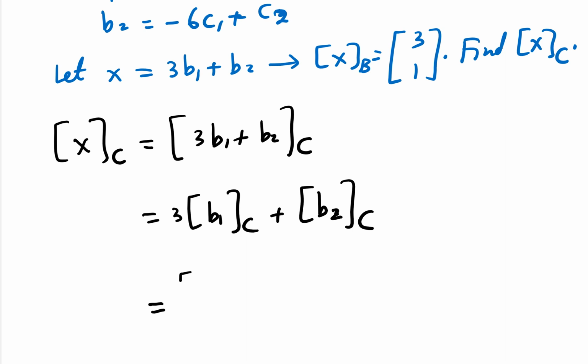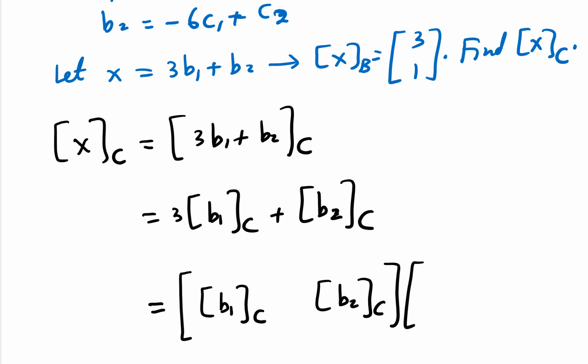How do you write that as a matrix? We take those [b1]C and [b2]C and multiply by the coefficients 3 and 1. Rewrite it this way as a matrix.